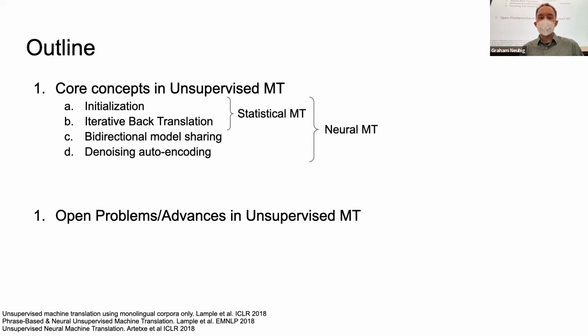I'll talk a little bit about what statistical MT means because we haven't really talked about it here yet. And I'll also explain a little bit about why it is more robust and what we could do to also improve robustness of neural MT as well.